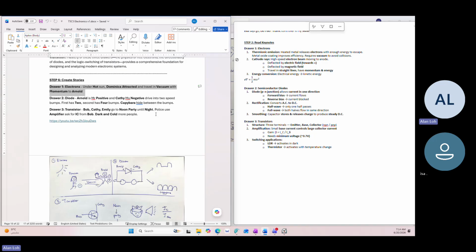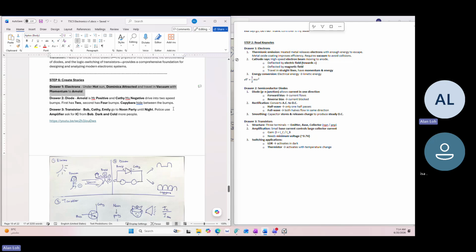Usually a speed bump is one, but in this case, when Anode and Kathy are driving on this road, let's say in Pelangi Indah, the first speed bump has two bumps. Then soon after that, they reach another speed bump that has four bumps. And then there's a capybara hiding between the bumps.